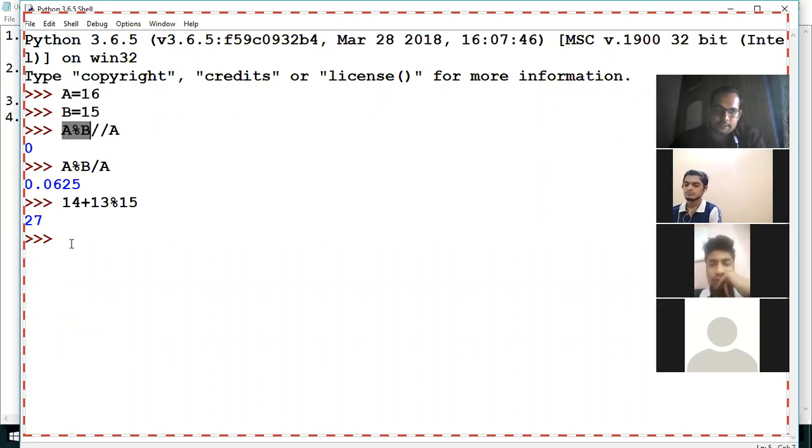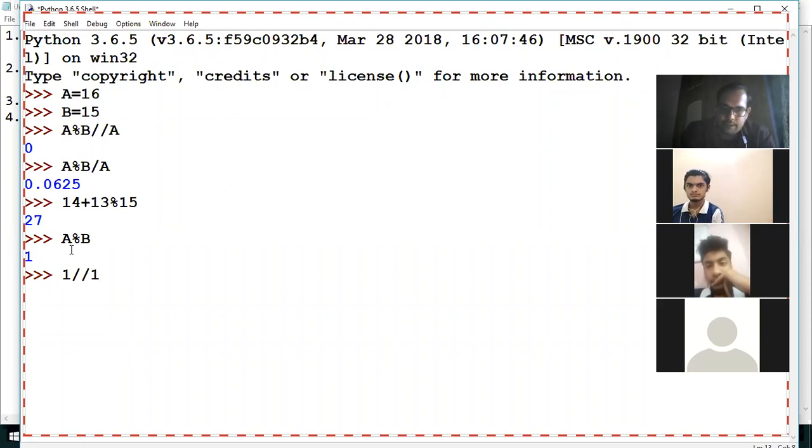You can check this also here: a modulus b, where the value of a is 16 and the value of b is 15. The answer is 1. Clear? And then floor division a. Floor division a means 1, this is the result of a modulus b, floor division a.